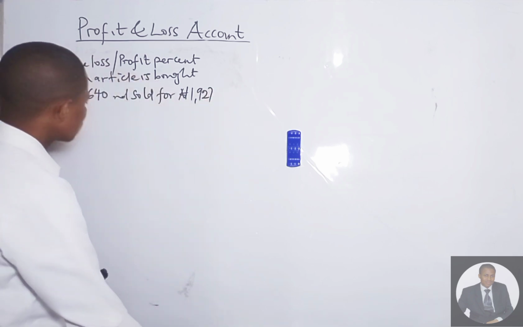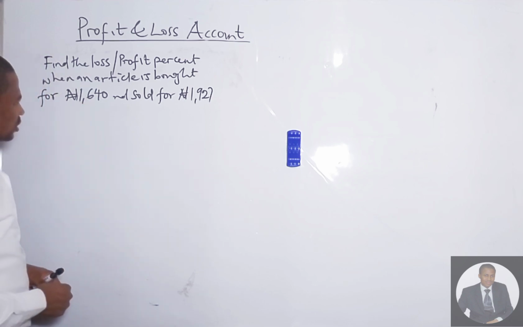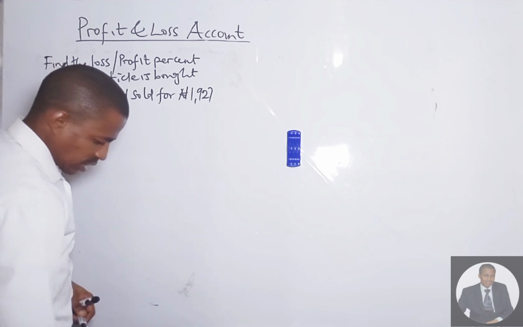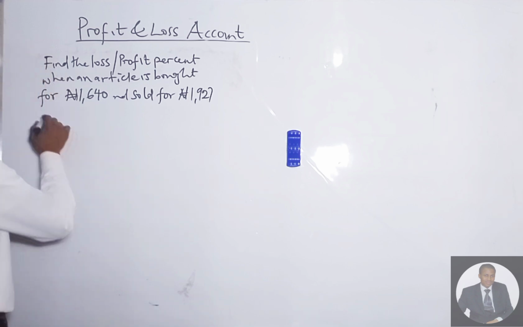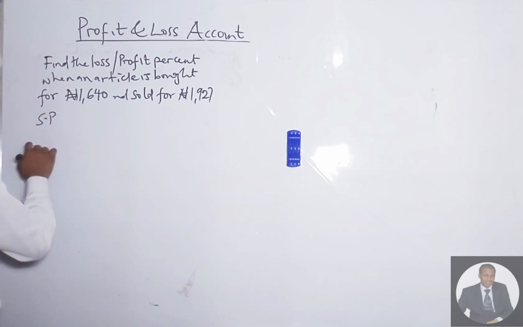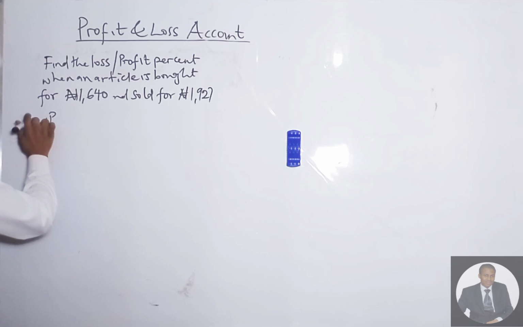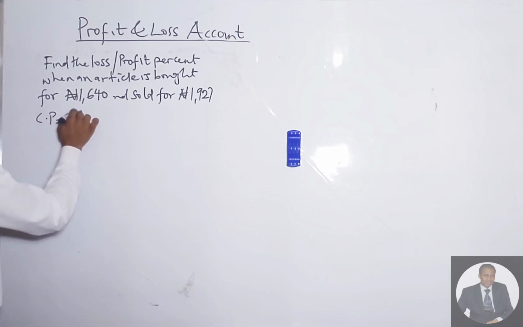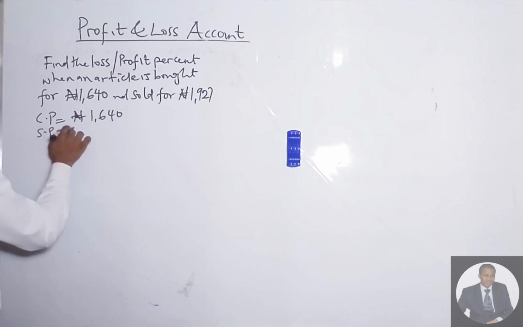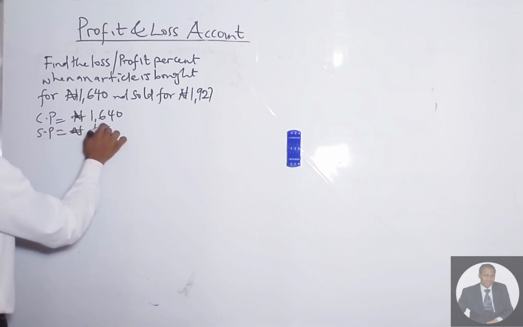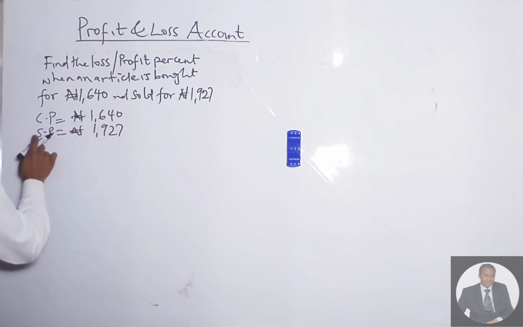The person bought this article at 1,640 naira and he sold it at 1,927 naira. So he bought it at a cost price of 1,640 and then sold it at 1,927. So the selling price was more than the cost price. Then there's a profit again.